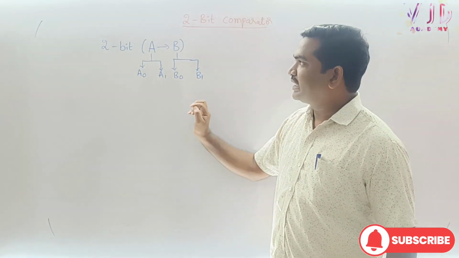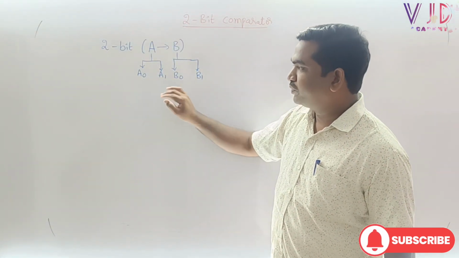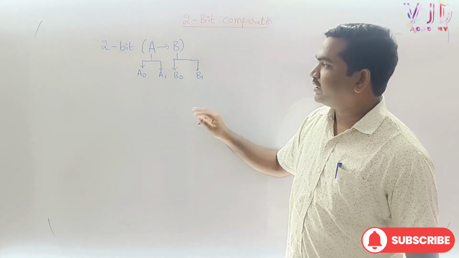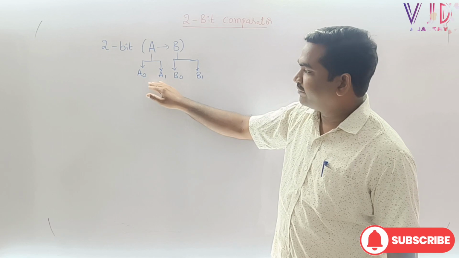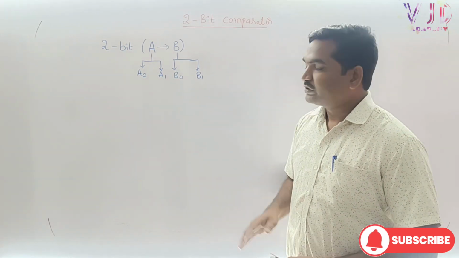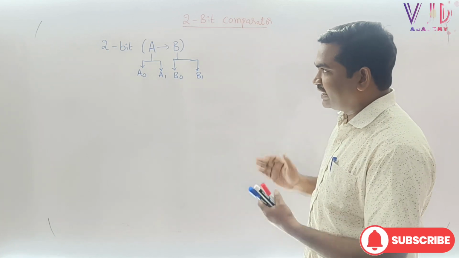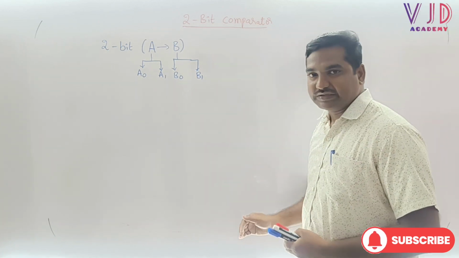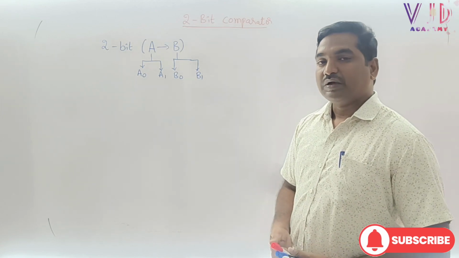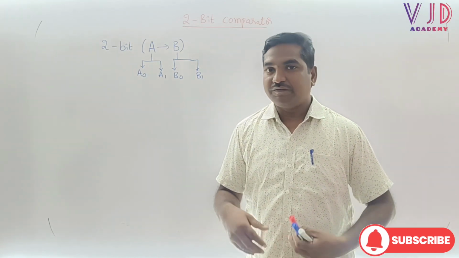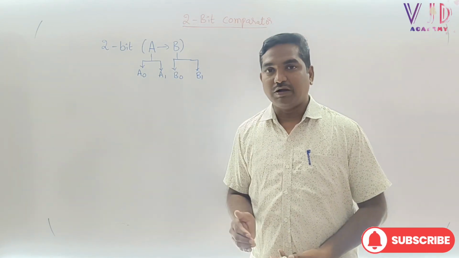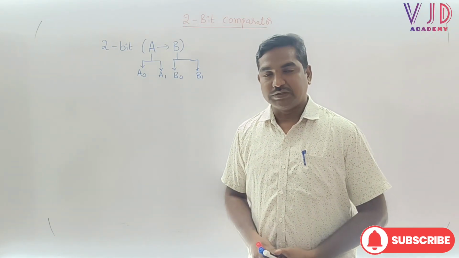Here in 2-bit comparator we have 4 inputs which are A0, A1 and B0, B1. Now A0, A1 is going to be compared with B0 and B1. So let us try to understand the analysis, how this comparison is going on. Sir, comparator is a combinational circuit. For whatever combinational circuit we are learning, there are 5 defined steps which we need to follow.